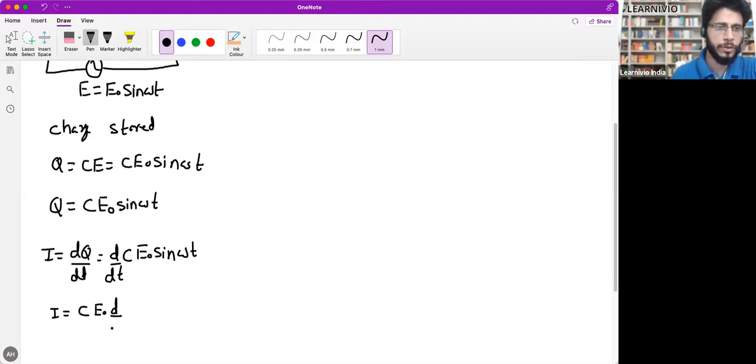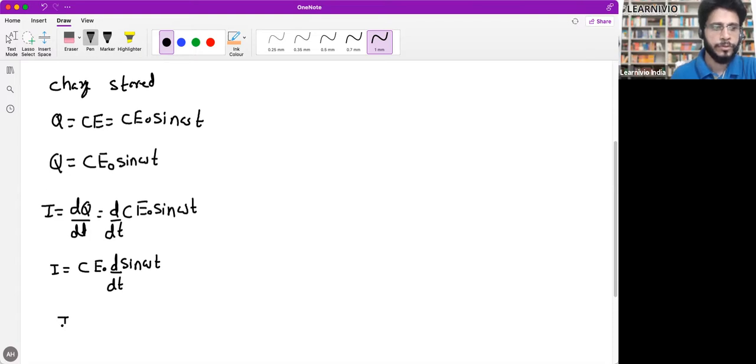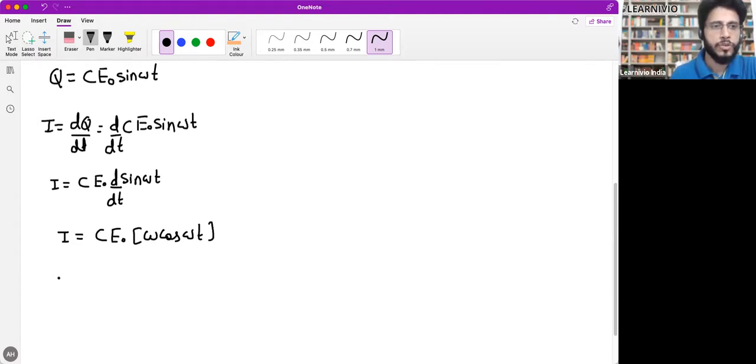You are left with only d over dt of sine omega t. Derivative of sine omega t is omega into cos omega t. So you can write this as omega C into E naught into cos omega t.